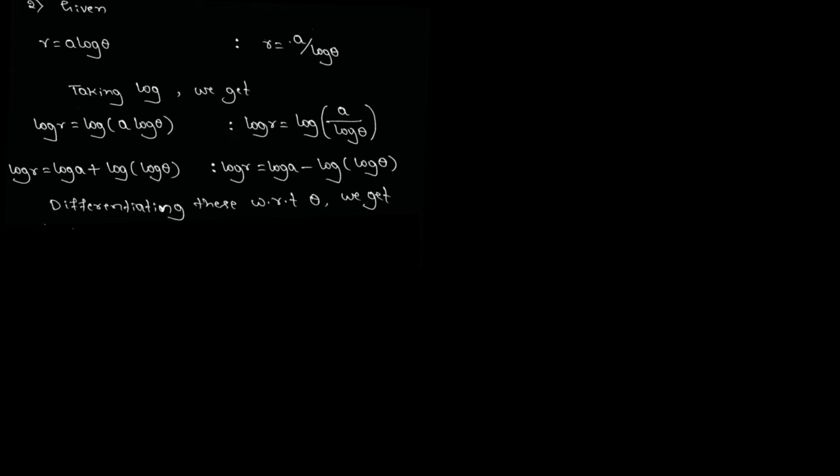Now differentiating with respect to theta we get: differentiation of log r is 1 by r dr by d theta, and differentiation of log a will be 0. Here we need to apply the chain rule.